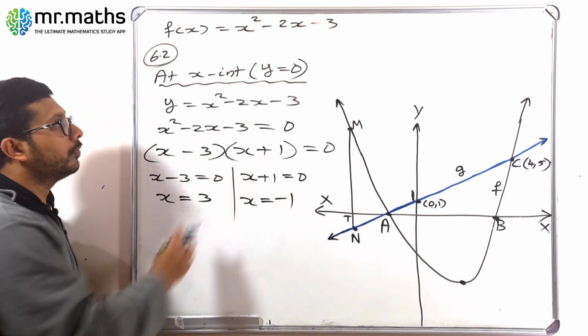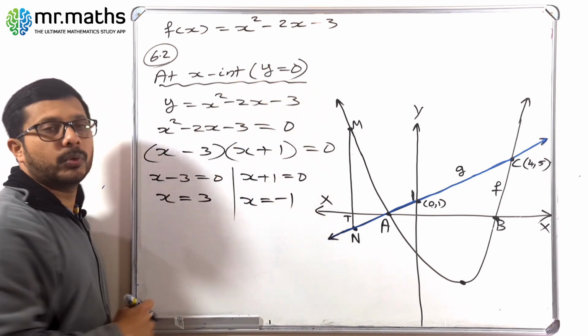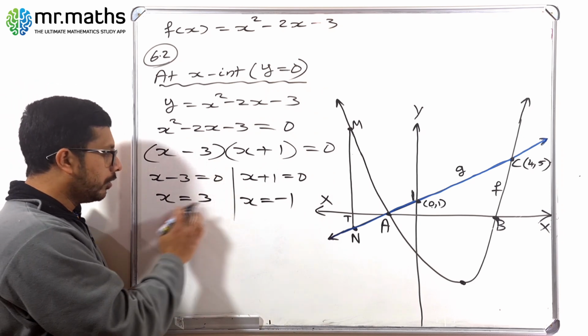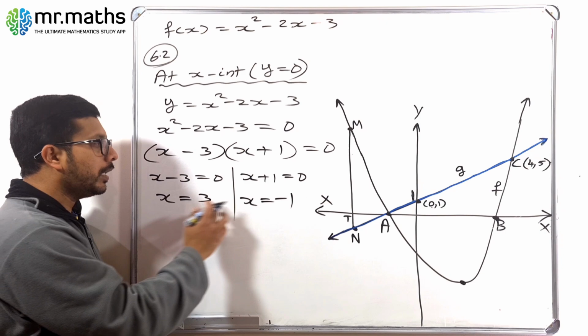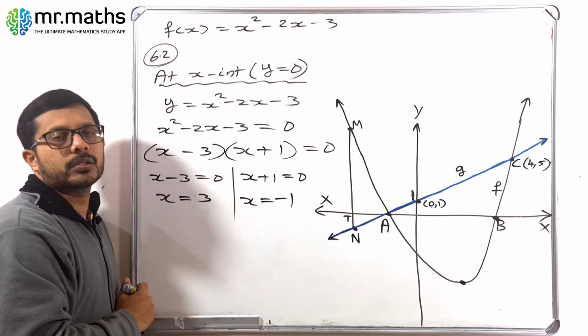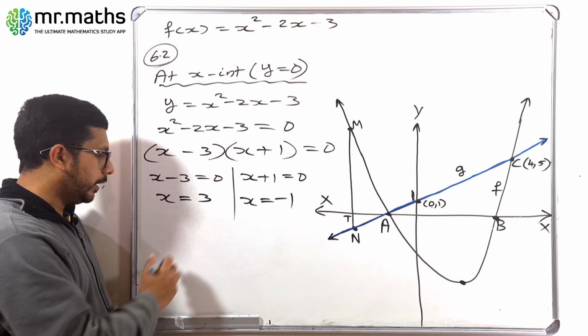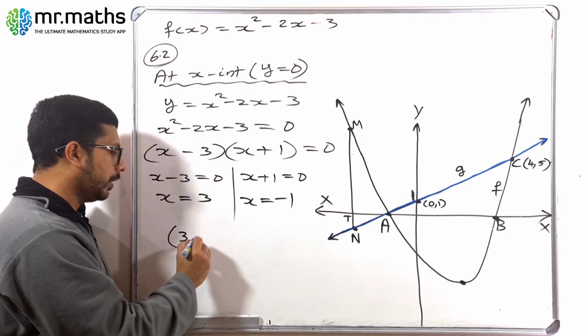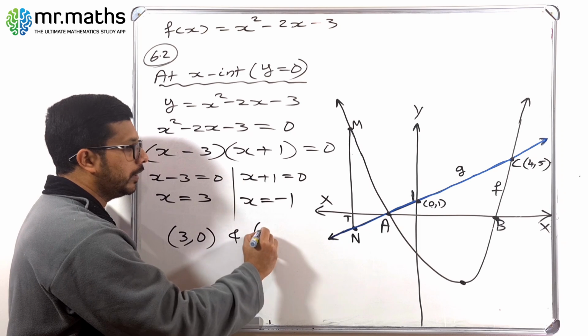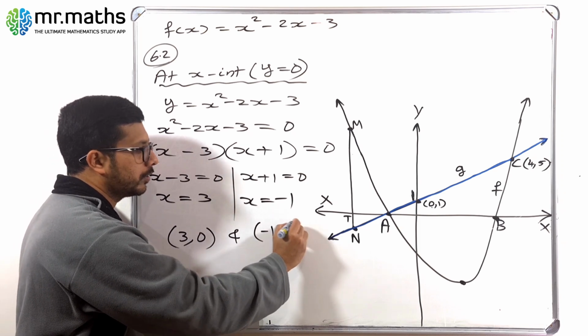Now what are the y values? For both A and B, y is 0, since they are x-intercepts. So we got two x values, 3 and minus 1. How can you write the coordinates? (3, 0) and (minus 1, 0).